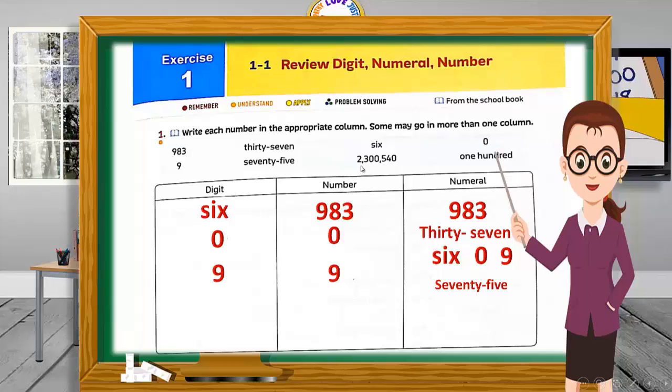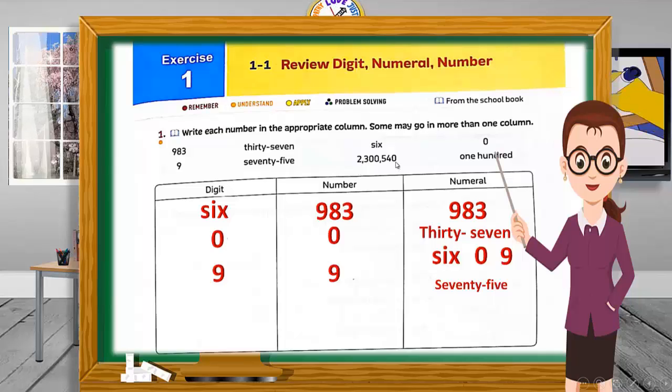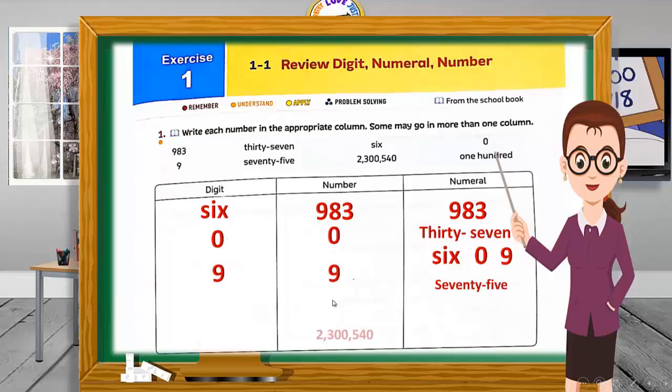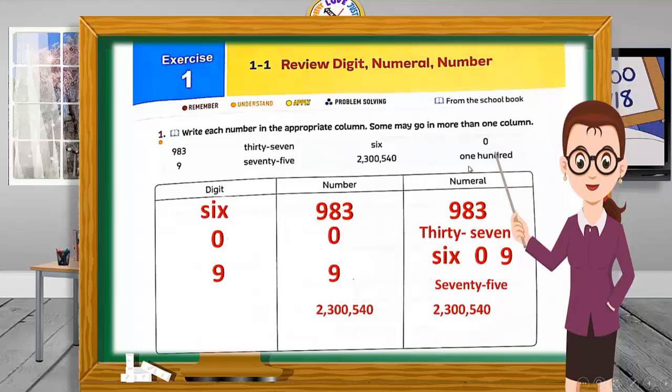Next number, 2,300,540. Is it a digit? No, this number consists of 7 digits, not a digit. Is it a number? Yes, this is a number. Is it a numeral? Yes, this is a numeral. 100.